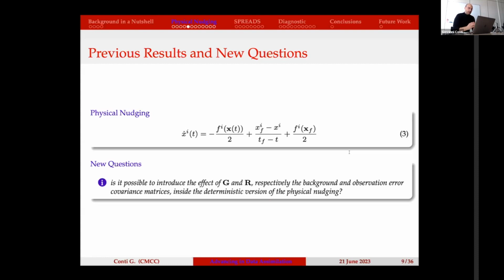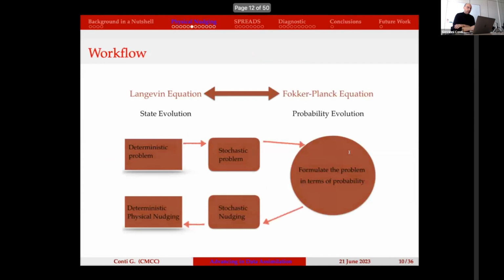But the point is that this equation, first of all, must be understood in a discretized framework because it's derived from a stochastic differential equation. And further, we do not have two really important ingredients of data assimilation, which are the information from the background and the observational error covariance matrix. So how can we introduce these elements?